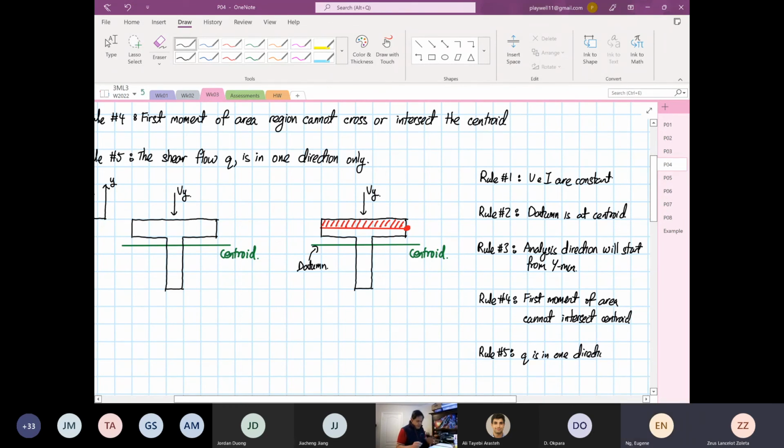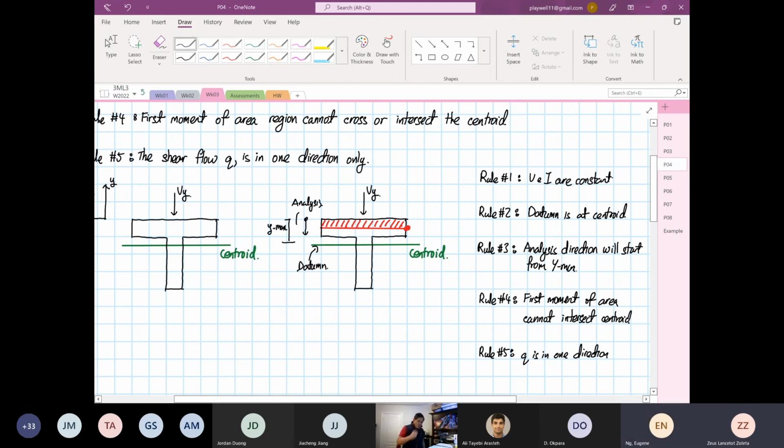Rule number 5 for this case is pretty straightforward, it's always one direction for now. Now, if you want to find the area at the dot down there, that is the area that we consider. You agree? Because the analysis will start from Ymax, and the analysis direction is going inside.